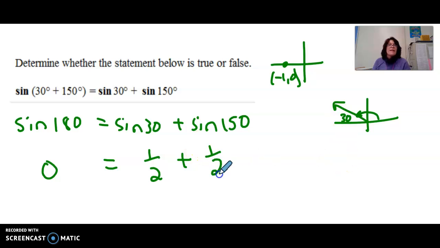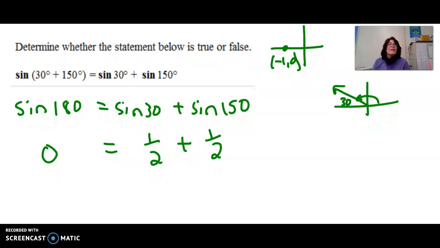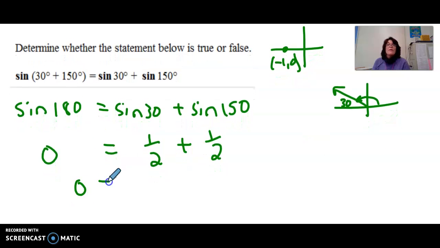Yeah, it's not negative a half, is it? Because the y-coordinate is positive there. Does 0 equal 1? Nope. This answer was false. And we'll learn that in another section, that you can't actually just distribute the sine through.